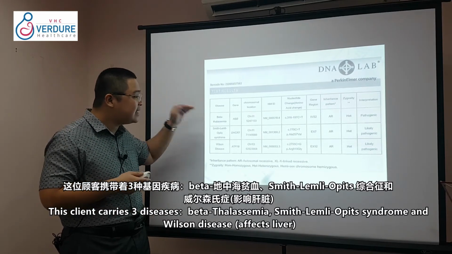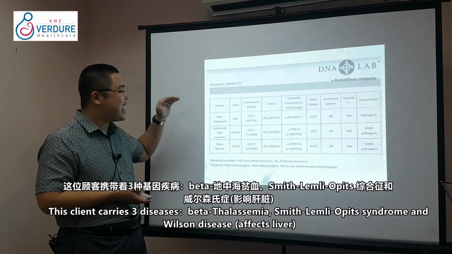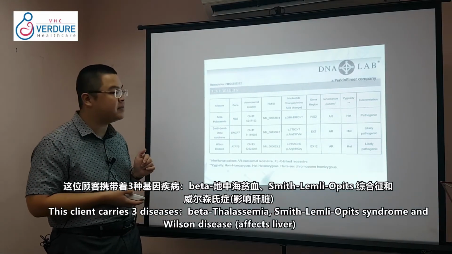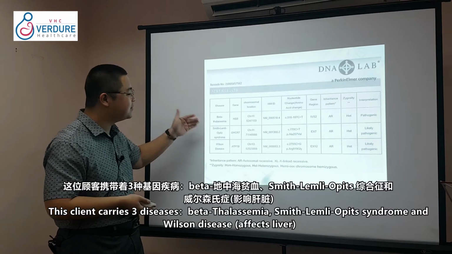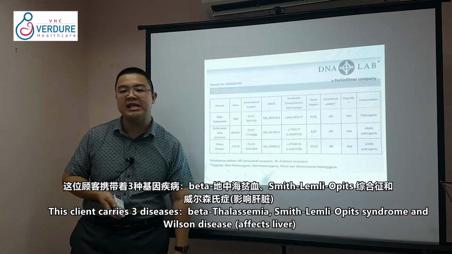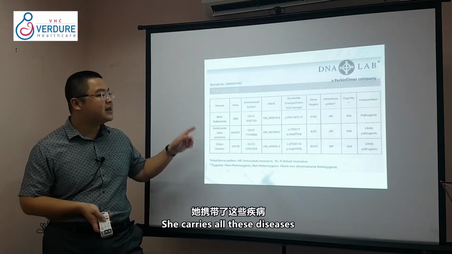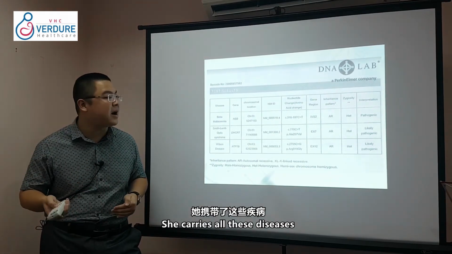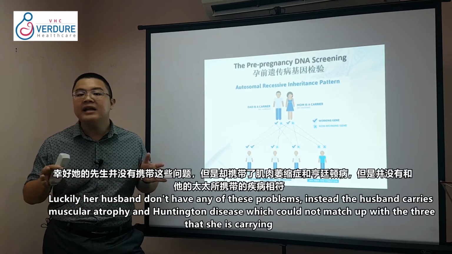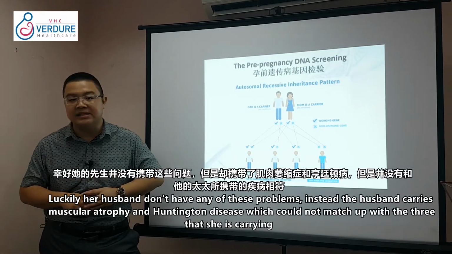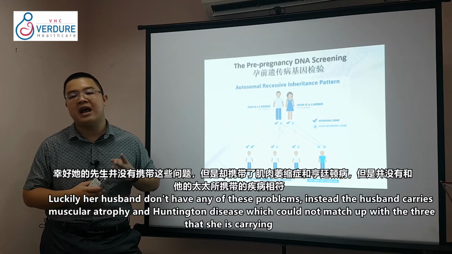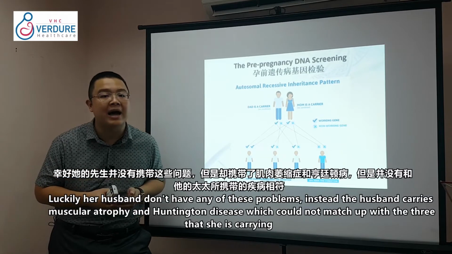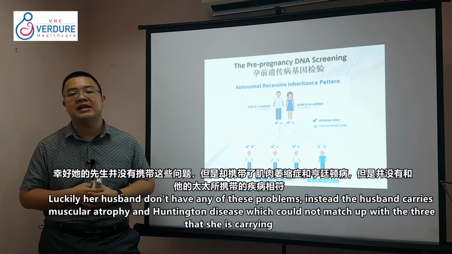So this particular client over here has actually carried 3 diseases: beta thalassemia, which is another kind of anemia, Smith-Lemli-Opitz, and Wilson's disease, which affects the liver. So these 3 diseases, this female client is carrying in her body. Alright? And luckily her husband isn't carrying any of these diseases. Instead, her husband was carrying muscular atrophy and then Huntington disease, which couldn't be matched up with the 3 that she's carrying.